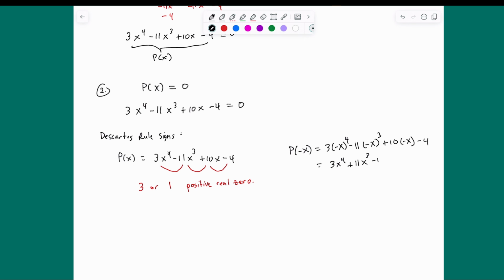And then we get a negative 10x minus 4. The coefficients 3 and 11 did not change sign, since they're both positive, but it does change sign from a positive 11 to a negative 10. The negative 10 to negative 4 didn't change signs. So we know that there is one negative real zero.